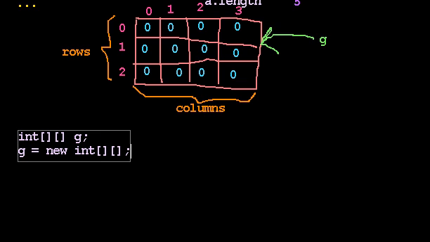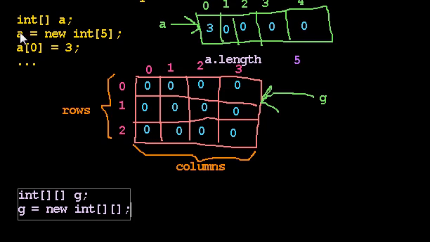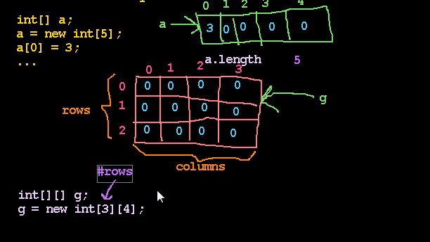And just as before, where my variable refers to a brand new array of type int, inside I write the number of elements. Here I have 3 rows and 4 columns. So I'm going to make the row number over here. So this is the number of rows, and this is the number of columns.